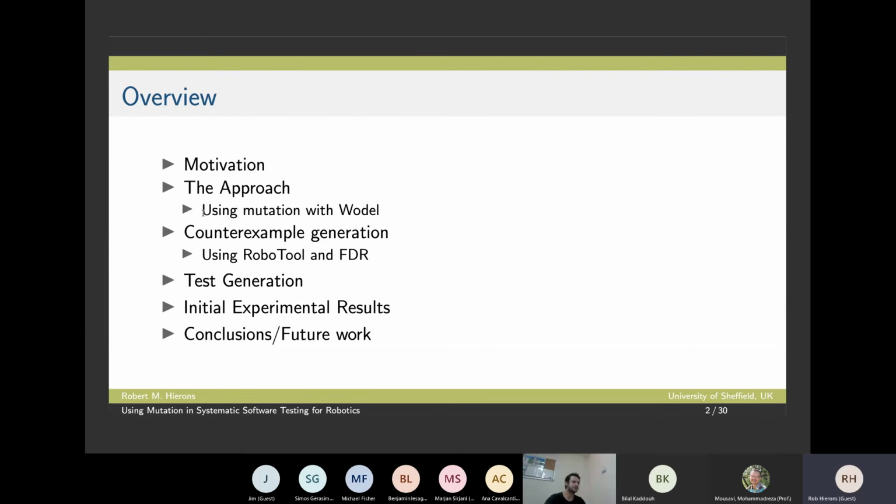One is how we applied mutation, and for that we use a tool and language called Wodl, and then also how we generated tests which were based around counterexamples, for which we use RoboTool and FDR. I'll then move on to give some very initial experimental results and then say a bit about conclusions and future work.